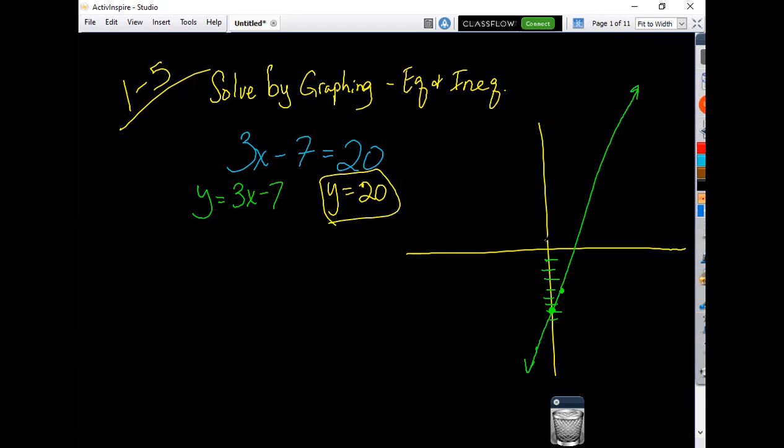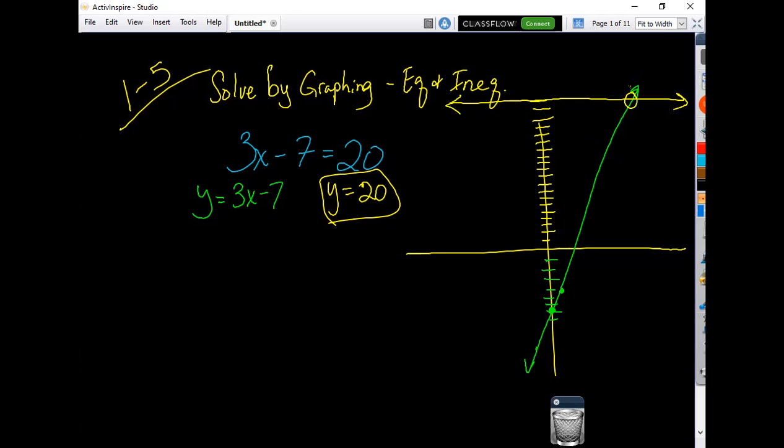I shouldn't have gone that high, I'm going to go off my page. So you get up here, and then you put a horizontal line, because all the y's equal 20 on that horizontal line. Every one of the points on that line are up 20. Isn't that what y equals 20 means? No matter where you are, left or right, you have to go up 20.